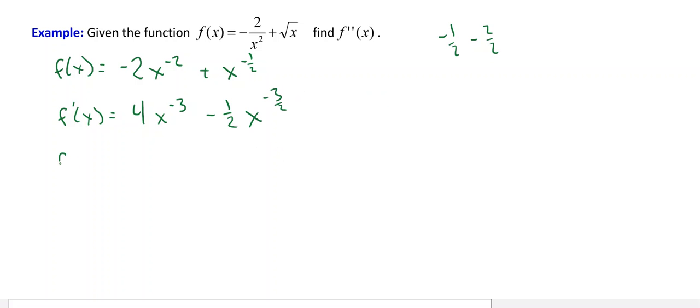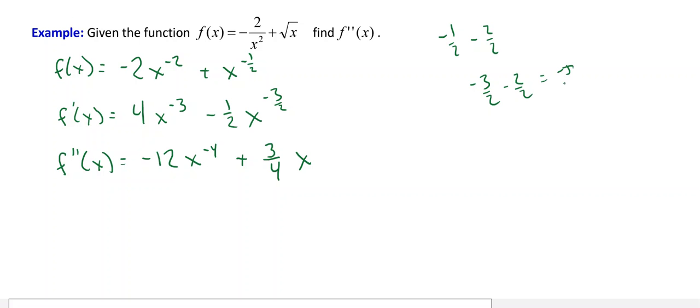And then the second derivative will be the derivative of that, which is negative 3 times 4, which is negative 12, x to the negative 4. Negative 3/2 times negative 1/2 will be a positive 3/4 x. And then negative 3/2 minus 2/2 is negative 5/2, so negative 5/2 power.